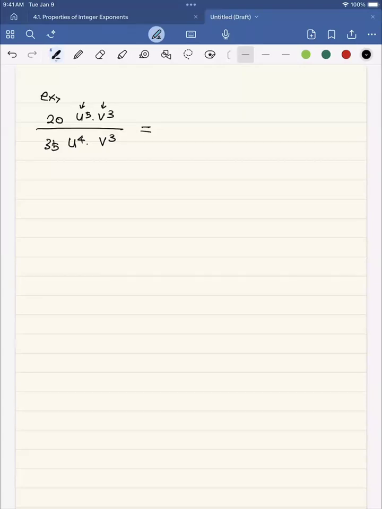So we have to sort out the same pattern, numbers together. So I will split the fractions: 20 over 35, base number u to the fifth power over u to the fourth power. The next one is v cubed over v cubed. Those two are the same, so we will just cancel out, then it'll become 1.